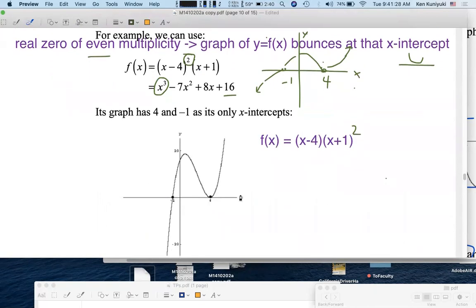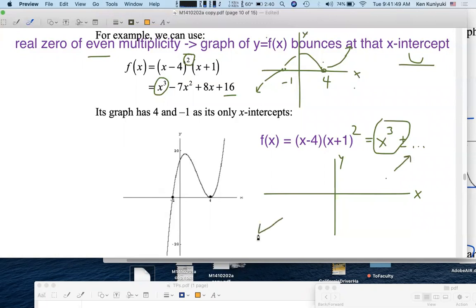What is this going to look like? If you expand it out, we get x cubed and then lower order terms. Overall it's going to be a rising snake again. Up, up this way, down, down that way.